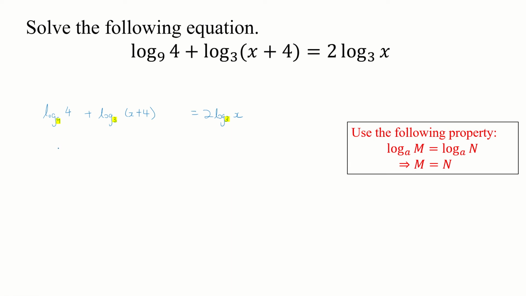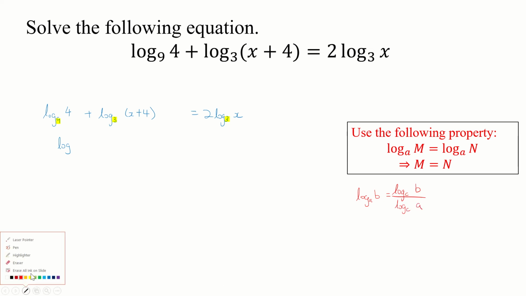Let me just write down the change of base law first. Recall that if we have log base a of b, and we want to change to log base c, we can actually just write it as log base c of b over log base c of the original base, which is a.